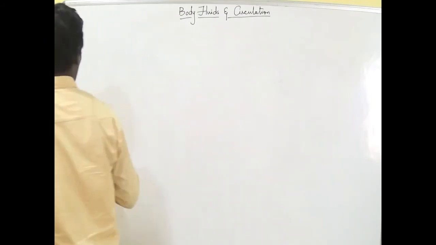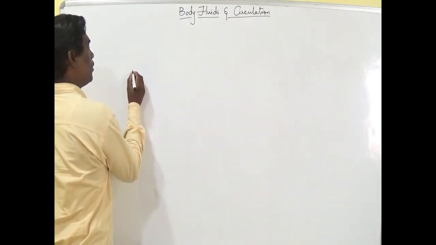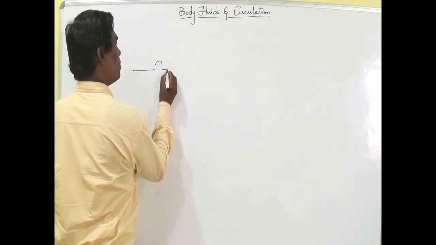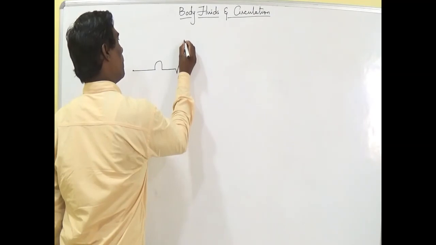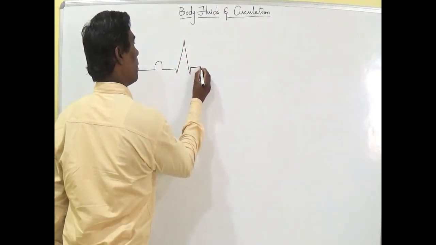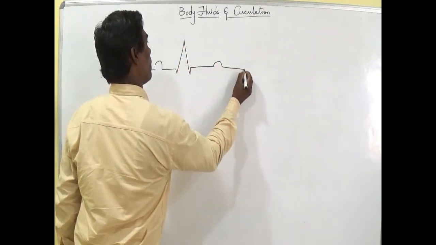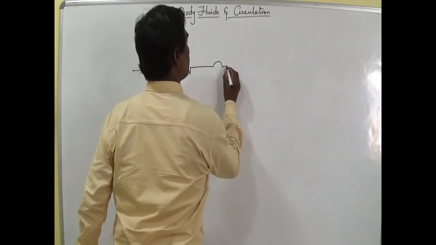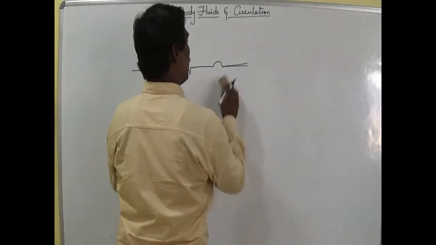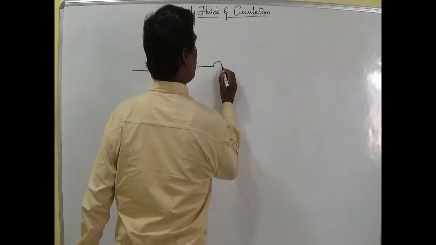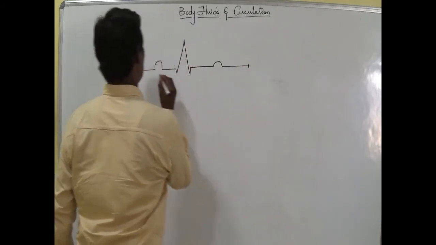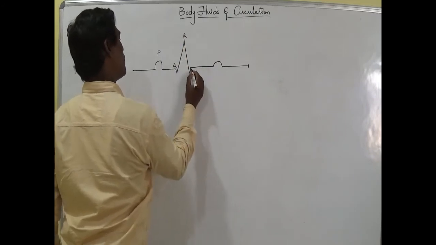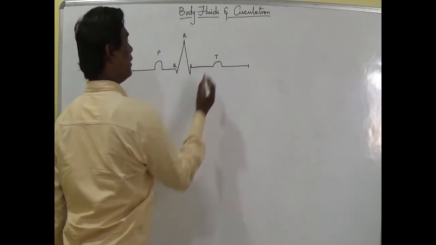So we know that an electrocardiograph consists of three waves: a P wave, QRS wave, that is P wave, Q, R, S wave and T wave.